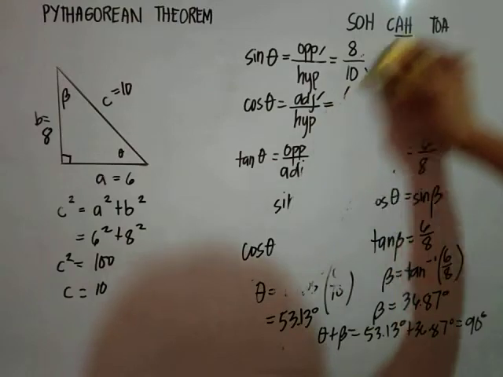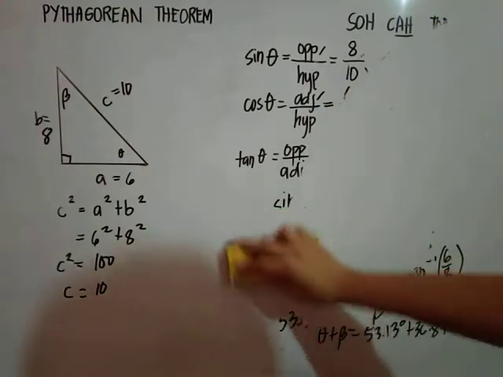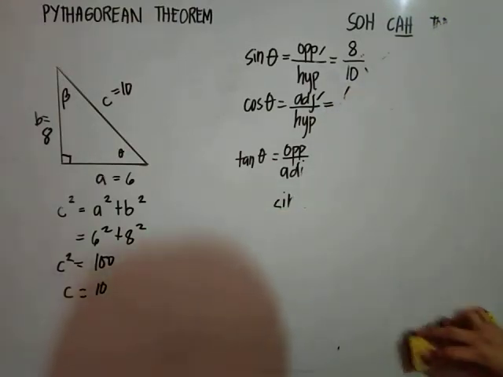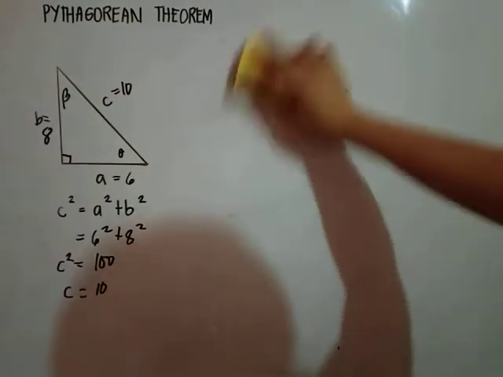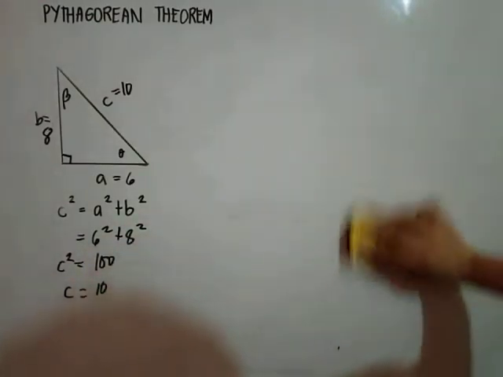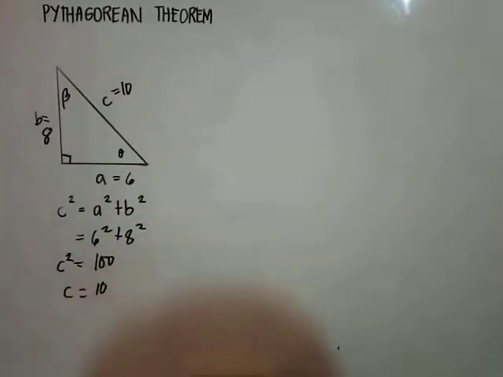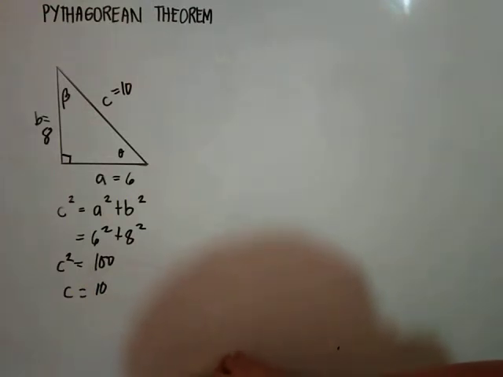So, proceed naman tayo dun sa medyo level up tayo. Dun tayo sa yung triangle natin is hindi na siya right. So meaning wala na tayong 90 degrees dun sa interior angle ng triangle natin.